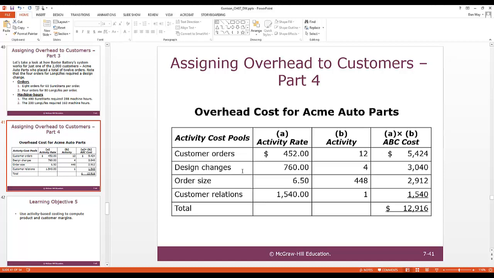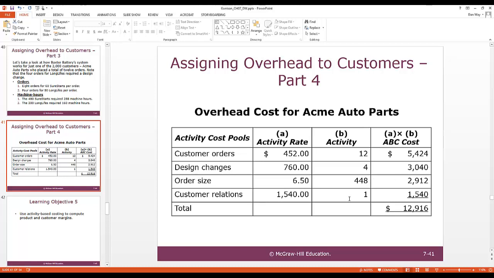In terms of design changes, Acme incurred or needed 4 of those at an activity rate of $760 for a total of $3,040. And then we assign the order size and customer relations cost the same way. Order size, 448 of those times the $6.50 per machine hour rate for a total of $2,912.